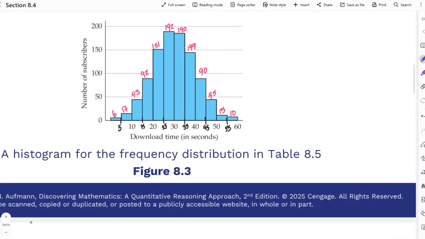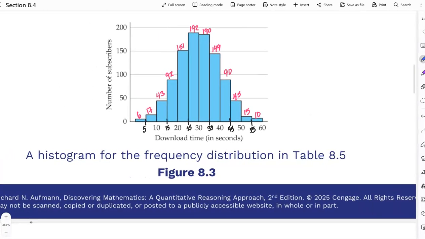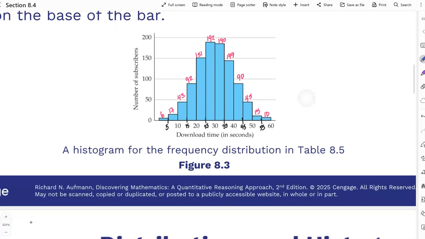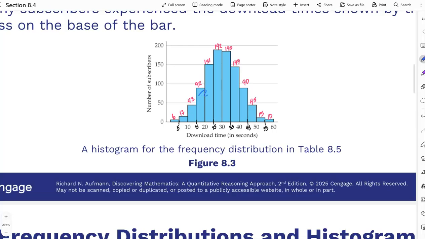What that histogram does is it takes that frequency distribution and gives us a nice picture to see what's going on. In this one, you can see that this is approximately symmetric about that middle. So we would say this is approximately normal.